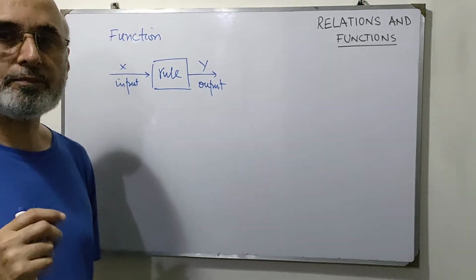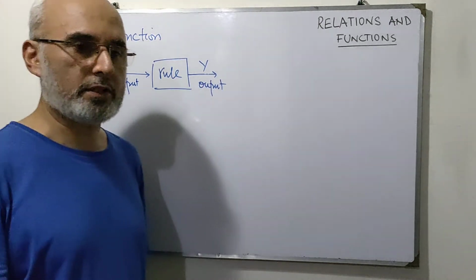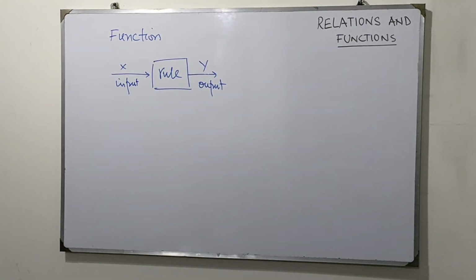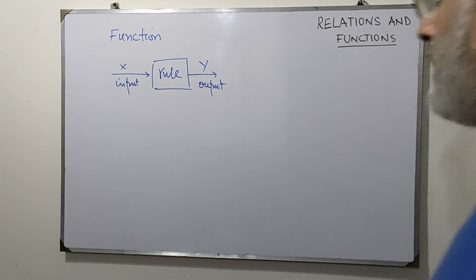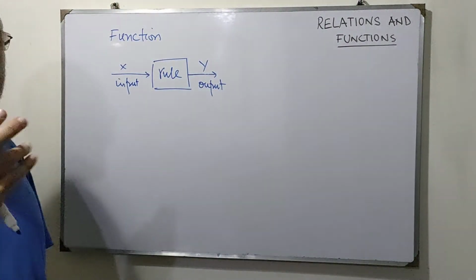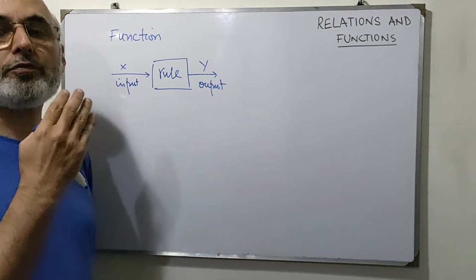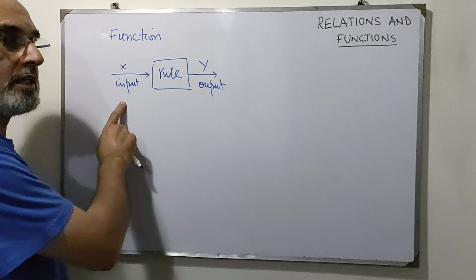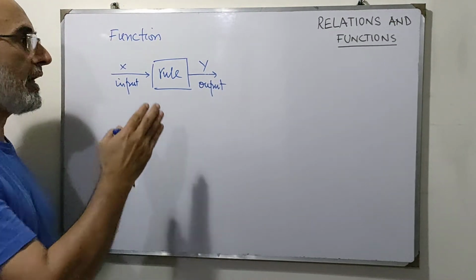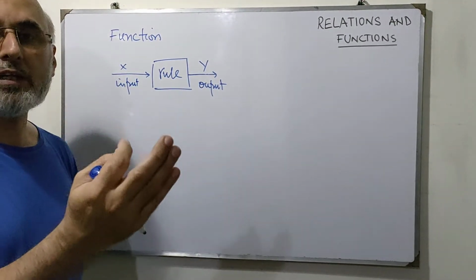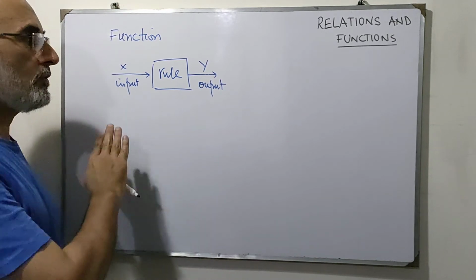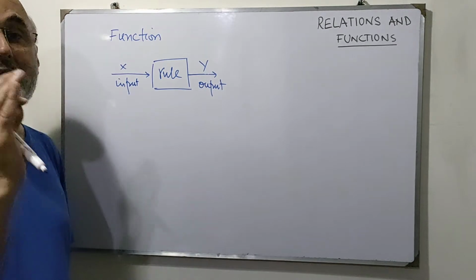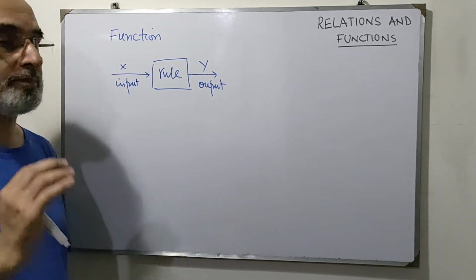But for a function, there is something very important. Okay, as I said, there is something important for a relation to be a function. For every input value of x, there has to be only one value of y output. So for one input, there has to be one output only. This is important for a function.